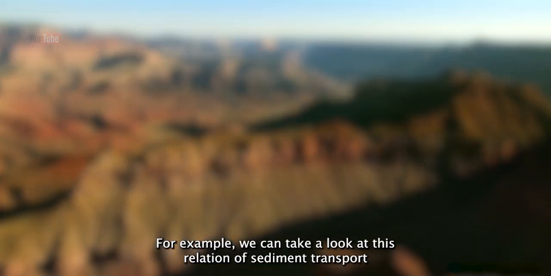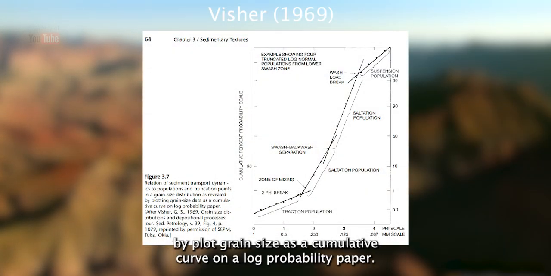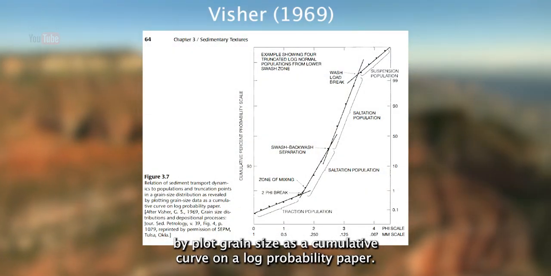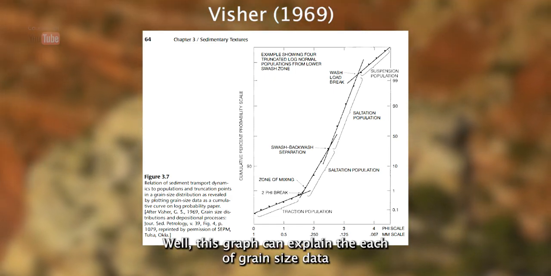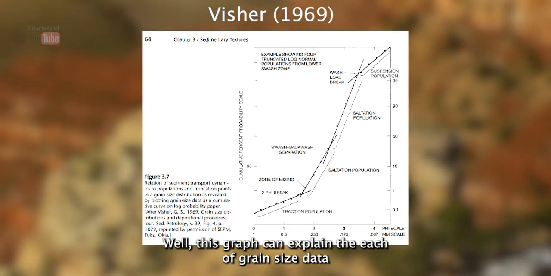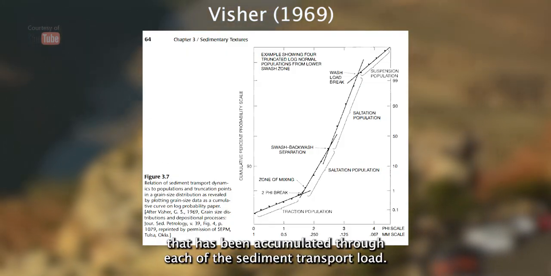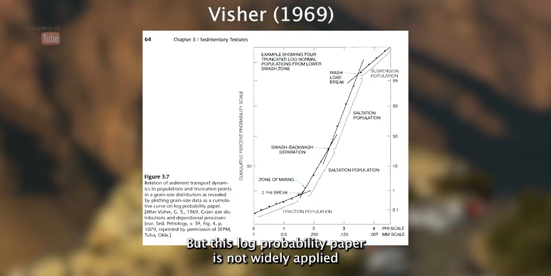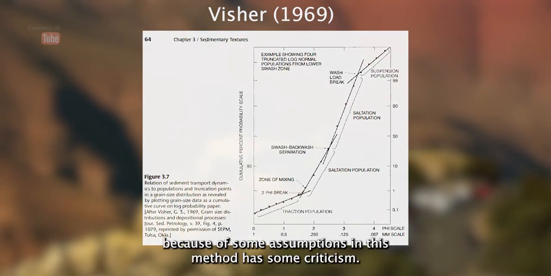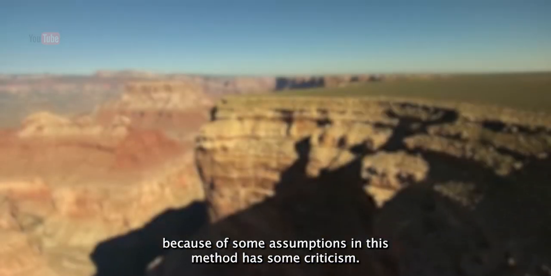For example, we can take a look at this relation of sediment transport by plotting grain size data as a cumulative curve on a log probability paper. Well, this graph can explain each of the grain size data that has been accumulated through each of the sediment transport loads, but this log probability paper is not widely applied because some assumptions in this method have received criticism.